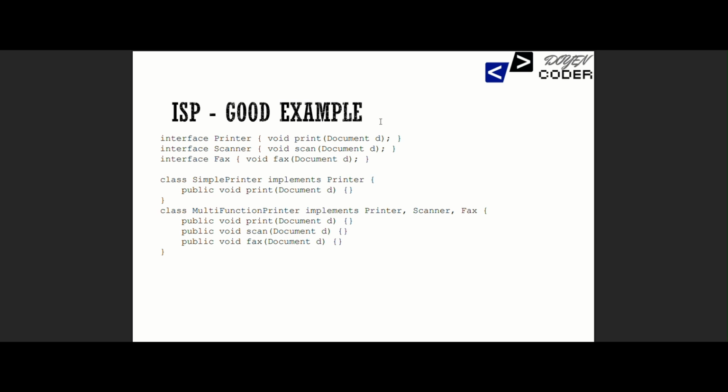In the second class, I am creating a multi-function printer. It is going to implement all three, because it can print, scan and fax. This is good code as per the ISP principle.